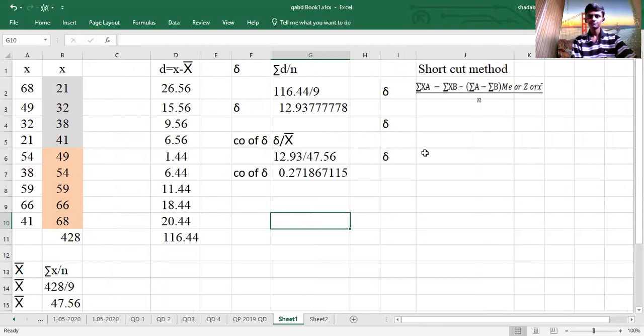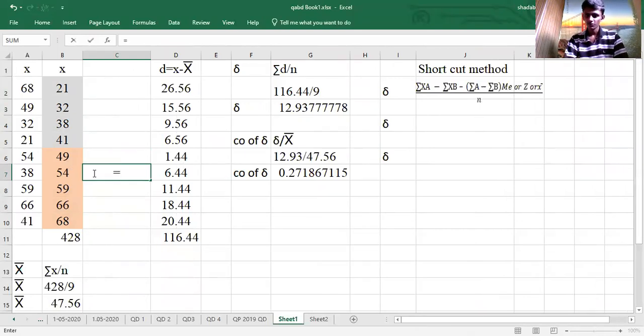Next, sigma xa is the sum of all the values which are greater than the average. That includes all these 5 numbers: 49 plus 54 plus 59 plus 66 plus 68. We will get 296 as our sigma xa. Same for sigma xb, we add all the items which are lesser than the average.